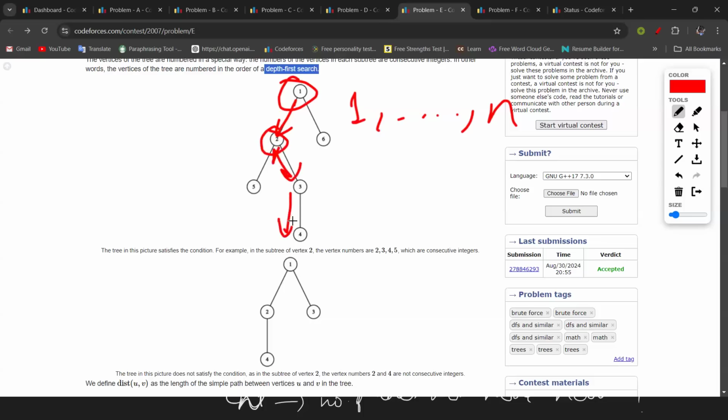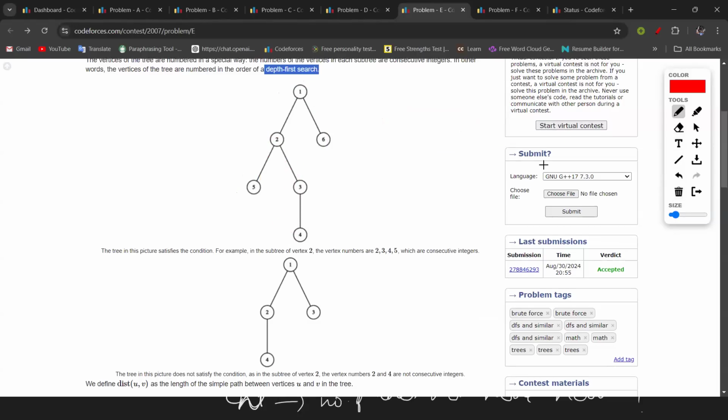If 3 has some child, it would have 4. After that, if 4 doesn't have a child, then when you backtrack and go to the next node, it would be 5. So basically, there would always be a pre-order traversal that gives 1 to n as your traversal order. So you are given the tree in such a way.